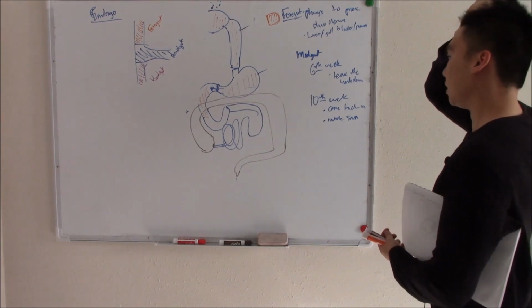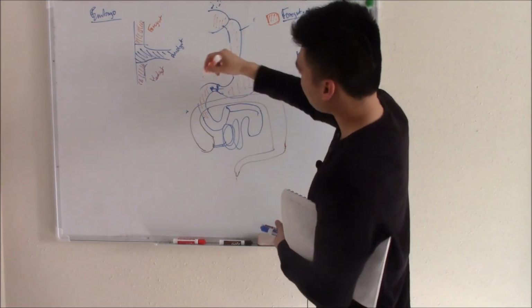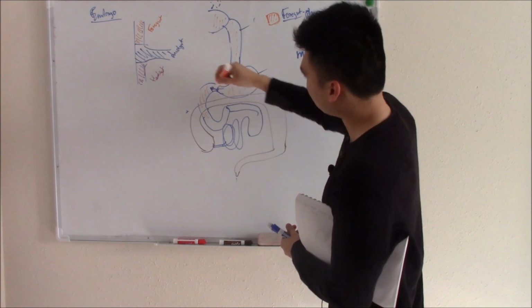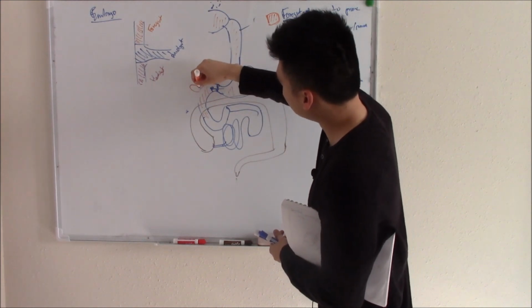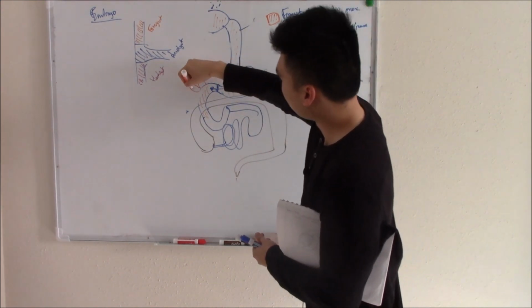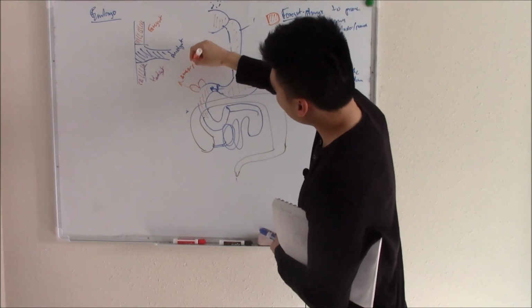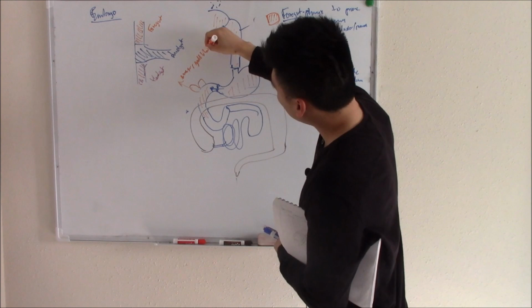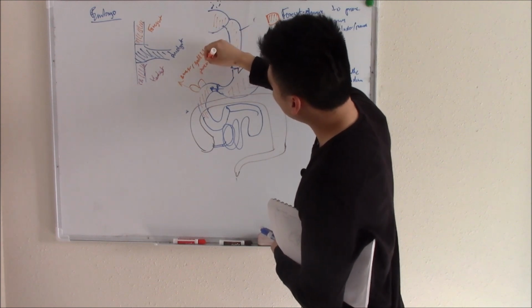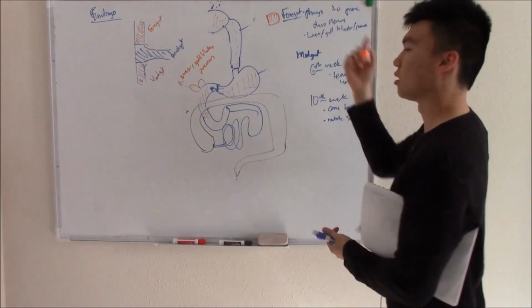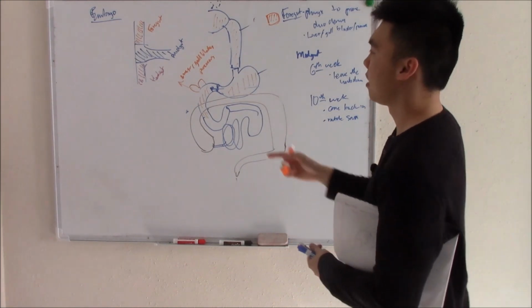Well, during development, the proximal duodenum will start to bud out. It'll start to make these buds. And these buds will eventually become your liver and your gallbladder and your pancreas. All right, so it's still part of your tube. Okay.